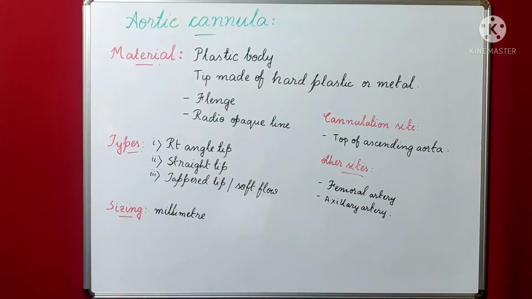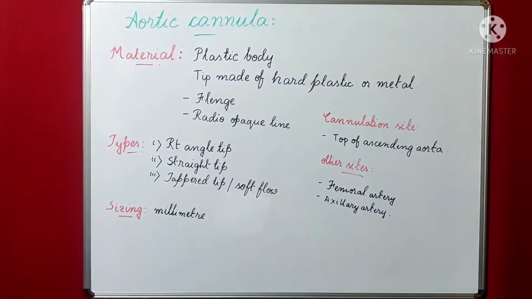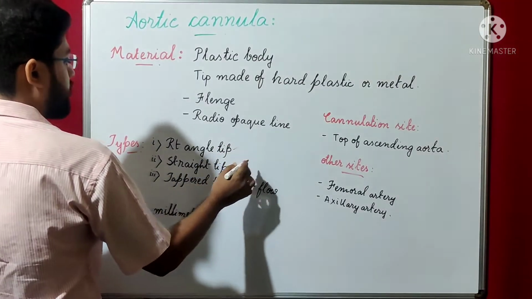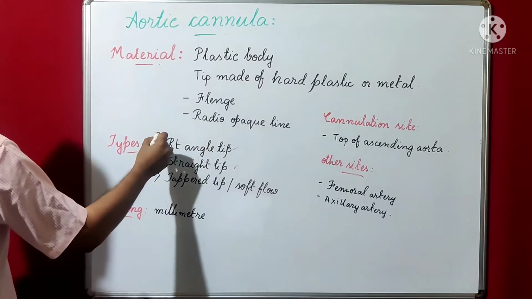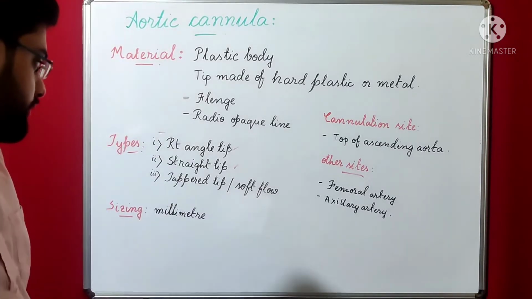Next are its types. Usually aortic cannula is of three types: right angle tip, straight tip, and tapered tip or soft flow cannula. Among these three types, two are commonly used. The most commonly used is the right angle tip cannula. In some cases the straight tip is also used.